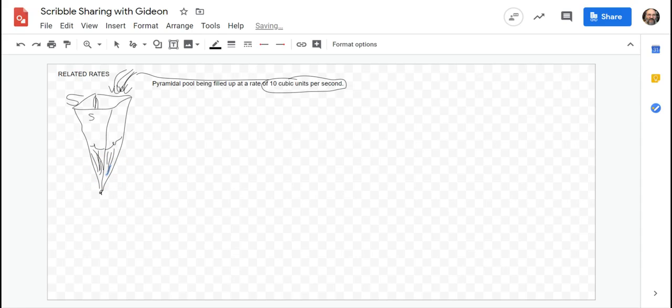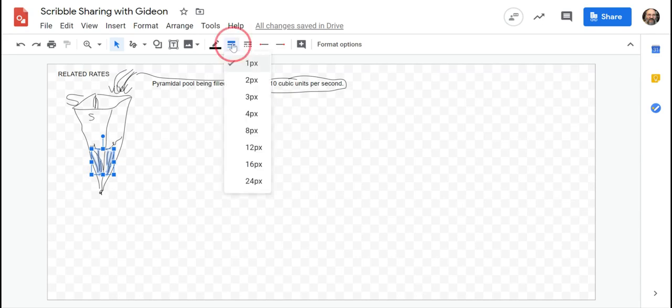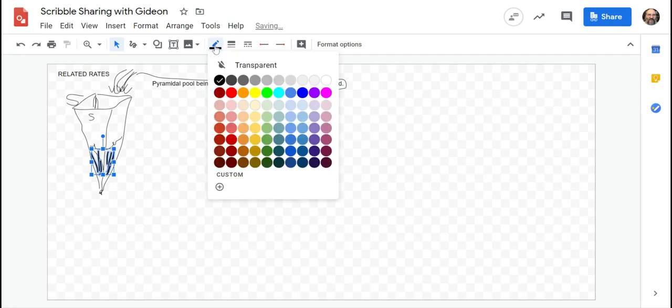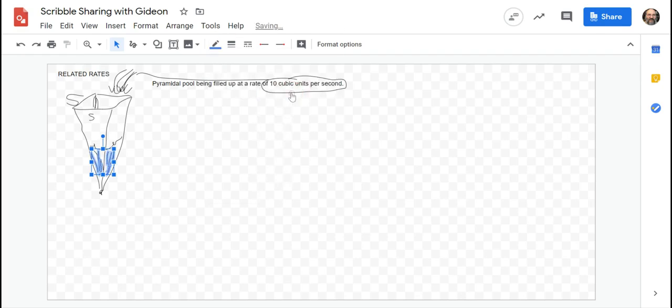You know, I should probably have done something clever like made those lines blue. It might be a little too late to do that, but let me just try, see what happens. Thicker and blue.